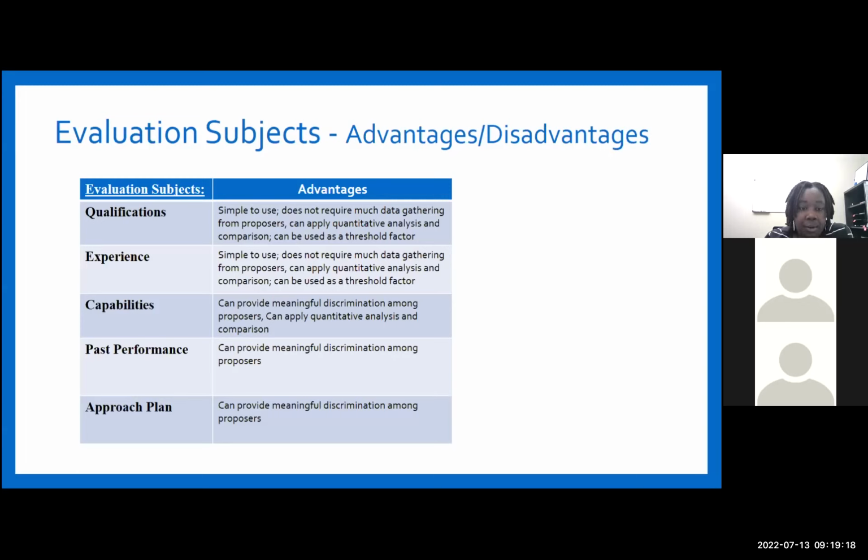Past performance and approach plan both provide meaningful discrimination upon proposals. I will say past performance and approach plan both require a lot of upfront work for the municipality.